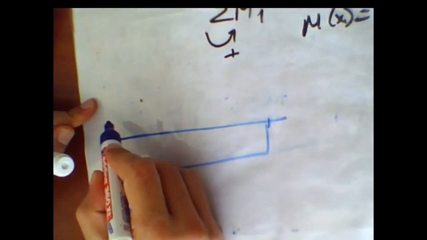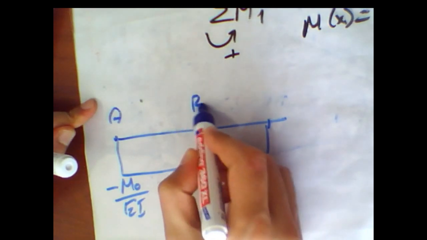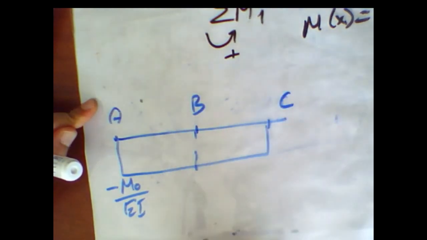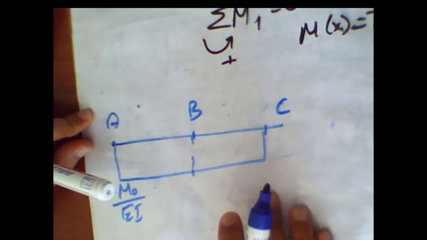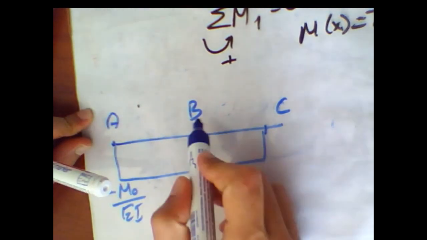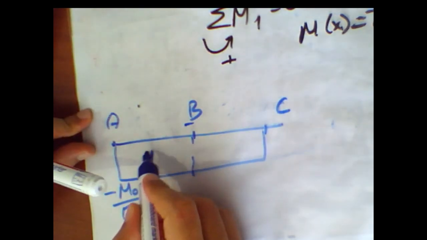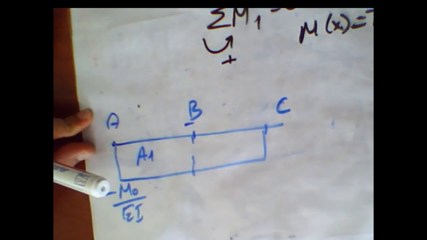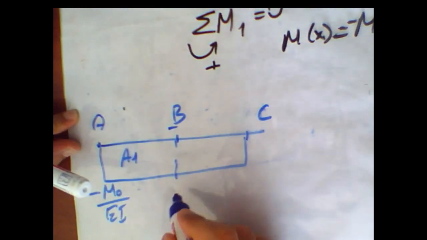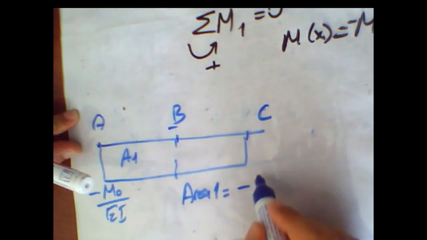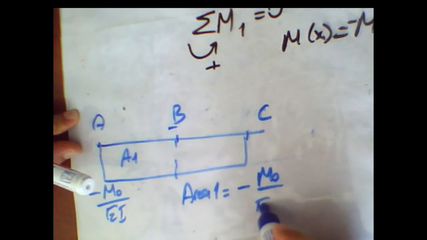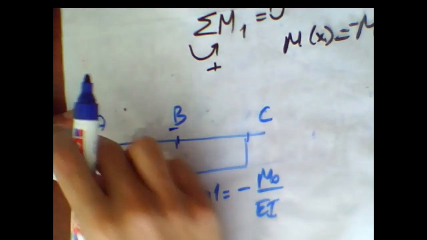This is the point A, this is B, and this is C. So I have to calculate with the area. First of all, I want to start with the point B. Therefore, I want to talk about the area A1. Area A1 is equal to minus M0 over EI, this length.